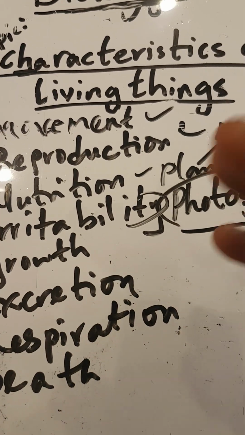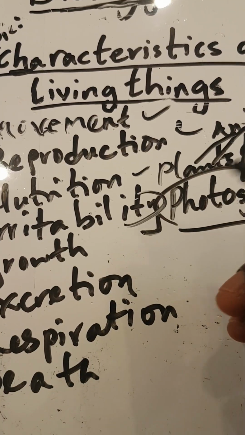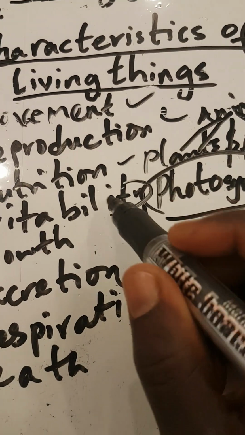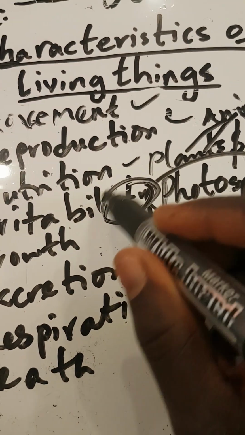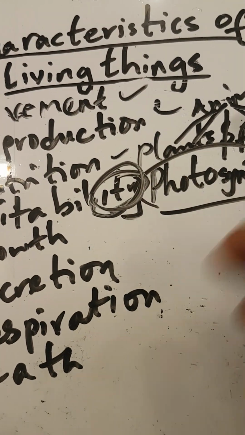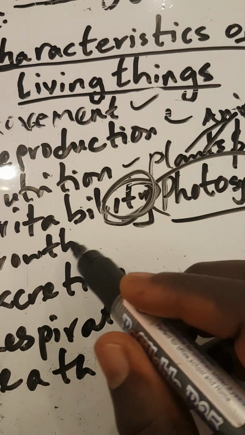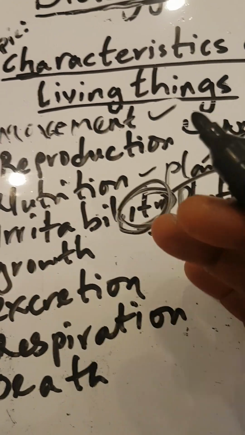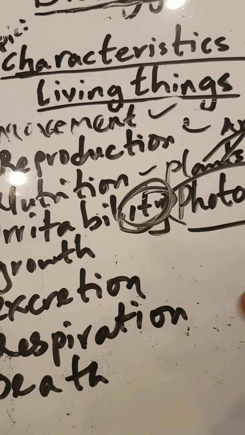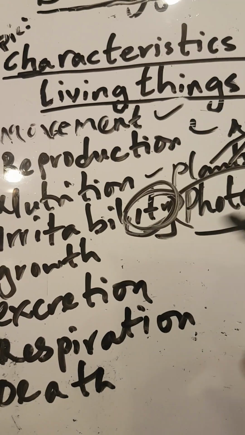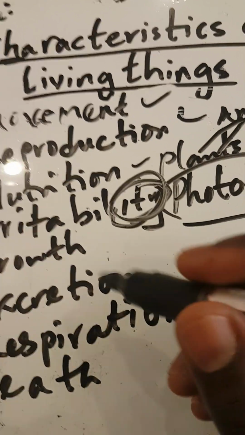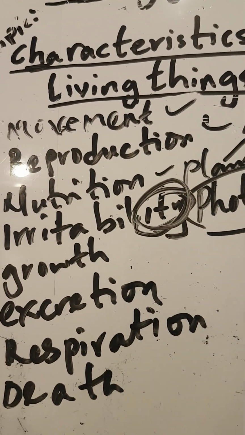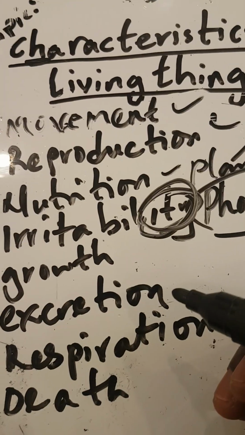This plant also has the ability to feel and adapt to the weather at a particular time. This is all called irritability, how they react to their external environment. That is why during cold time we put on sweaters and jackets to cover up our body, while during heat we put on singlets and also small clothes which help us to have enough fresh air.